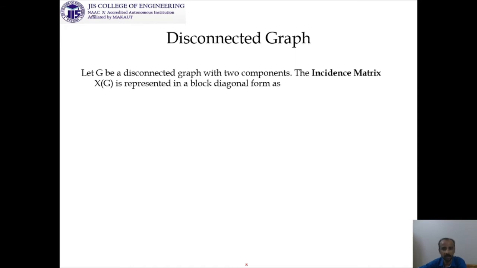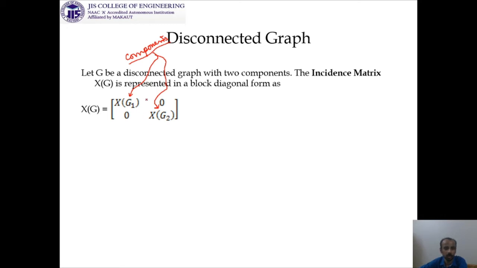Now we are moving to the disconnected graph. The logic for the incidence matrix of a disconnected graph is the same pattern. A disconnected graph contains components, which are connected parts, and we know how to construct the incidence matrix of these connected components.